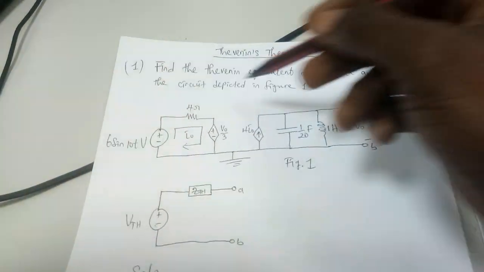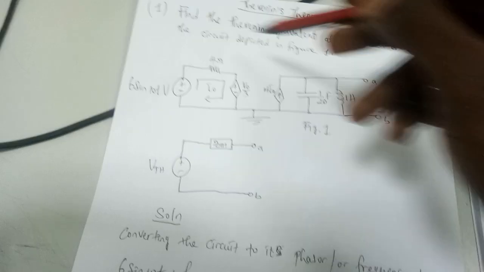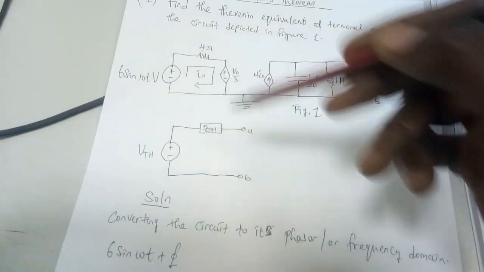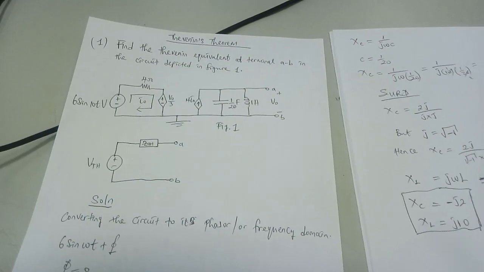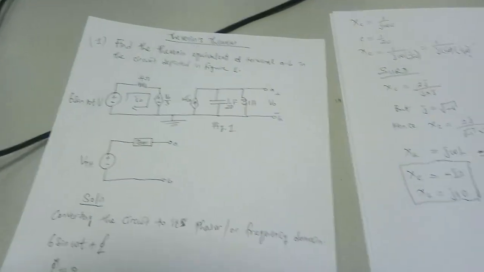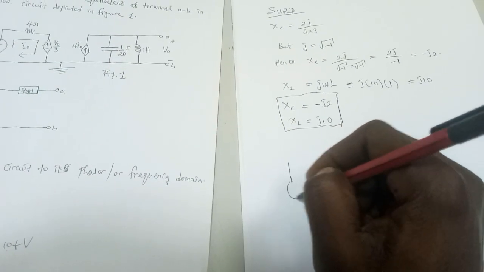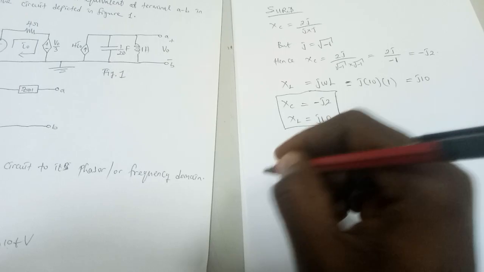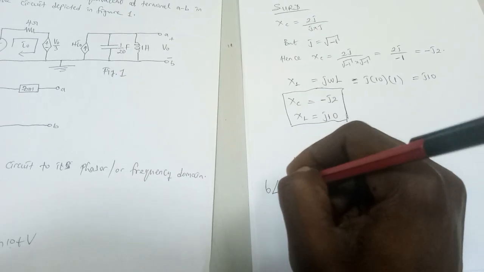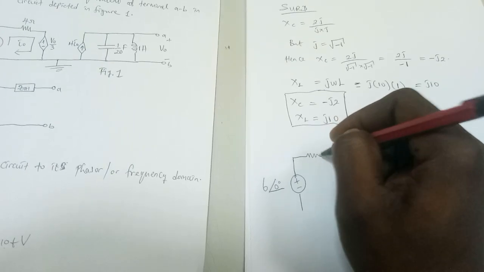So we are going to convert this entire circuit. We are going to substitute these values we have gotten in this circuit and then analyze the circuit to obtain Thevenin. So I'm going to redraw the circuit here with the component plus minus 6 at an angle of 0 degrees. I'm taking the magnitude.